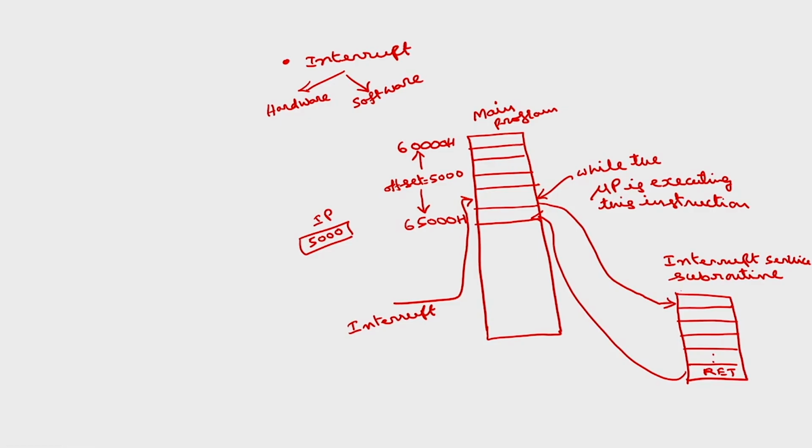Okay. In 8086 there are many software interrupts that I will discuss. There are two hardware interrupts in 8086. They are called INTR and NMI.